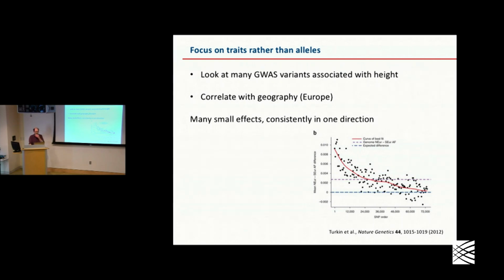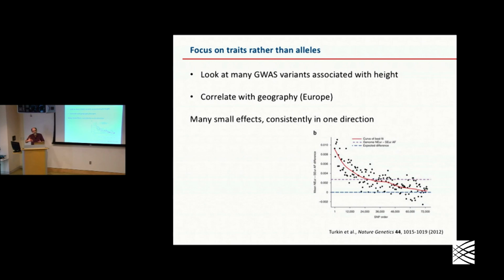And so what they did in this study was they looked at lots of variants that were associated with height in GWASs, and they correlated that with geography, where in Europe their ancestors came from. These are mostly studies of Europeans. And what they found was there were lots of small effects, always in the same direction: Northern Europeans tended to have the higher frequency of the alleles that gave taller stature. Northern Europeans are on average taller than Southern Europeans.